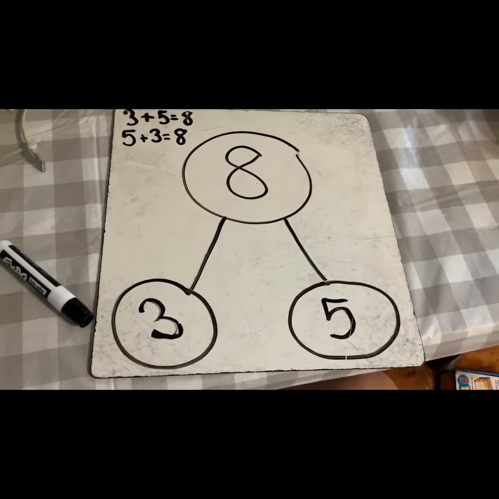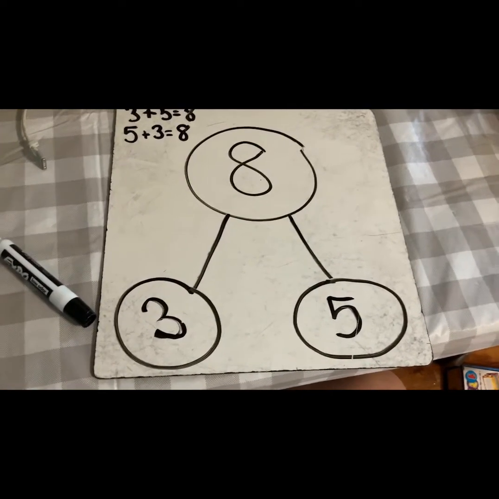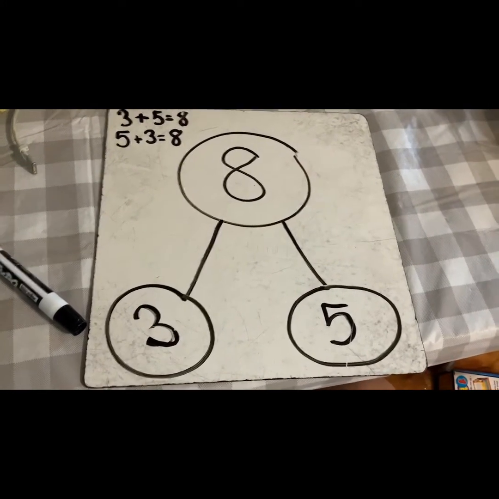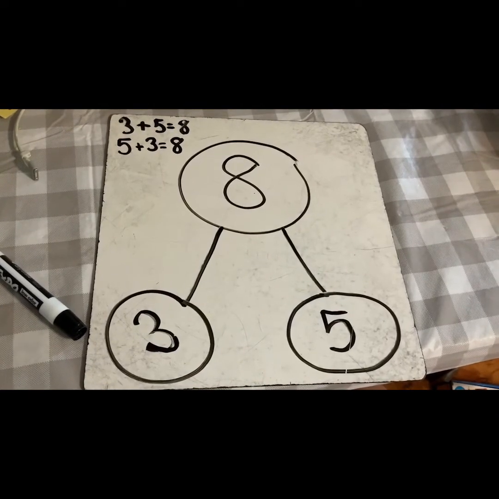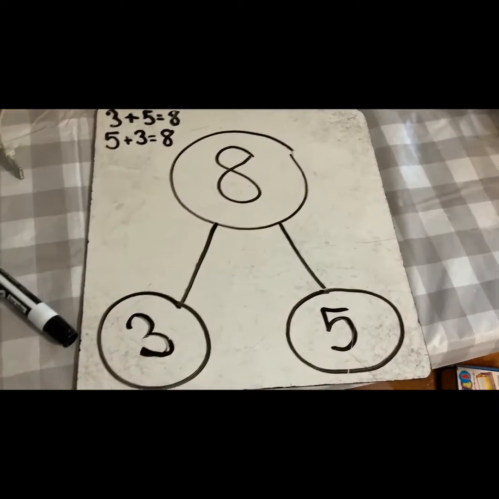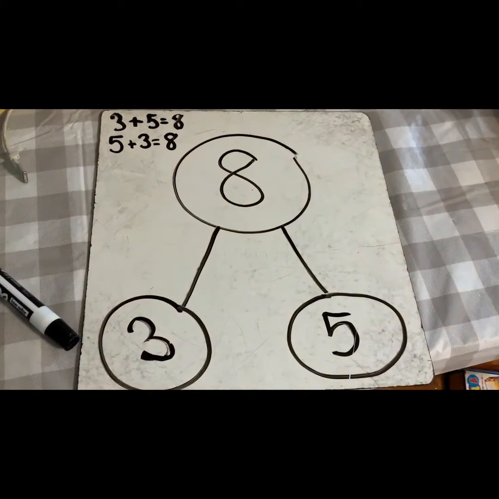That kind of helps me figure out my equation from my number bond. So if we said that subtraction is starting with the whole, where is the whole on the number bond? Right there. So our subtraction equations are going to start with 8.